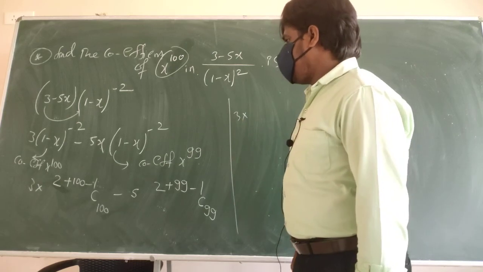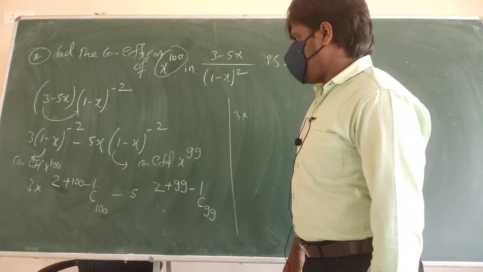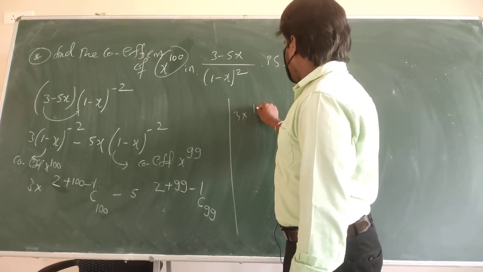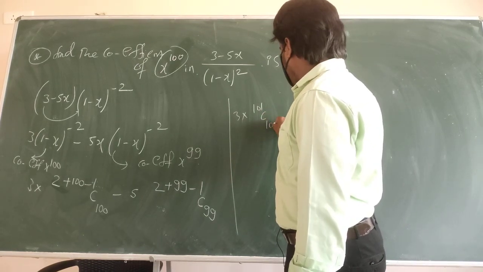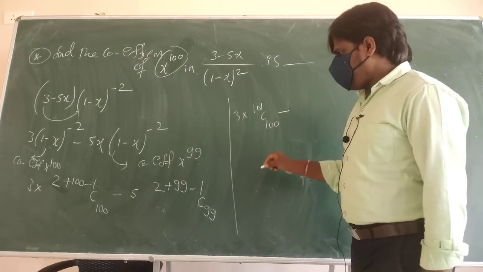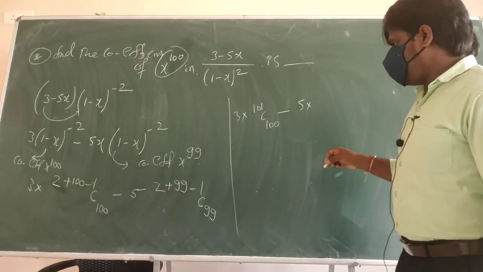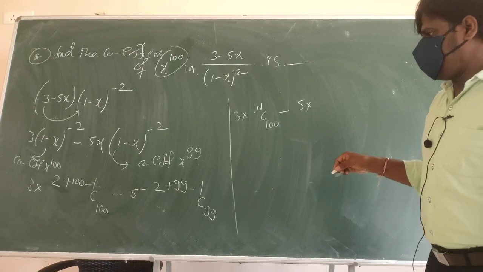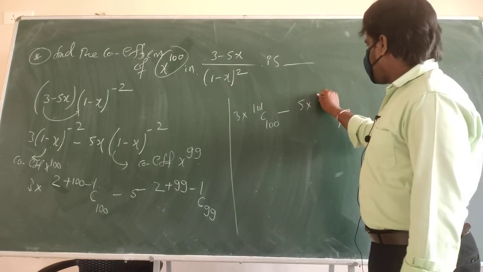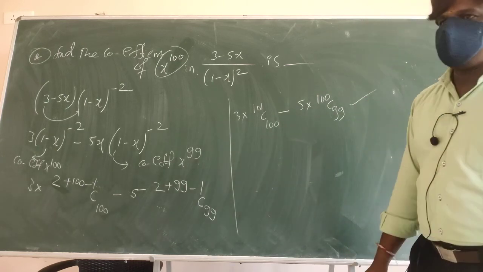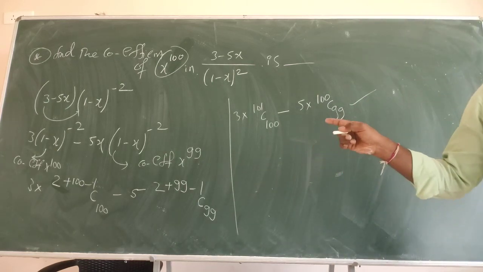3 into 101 C 100 minus 5 into 100 C 99. This is your answer. You can solve this one.